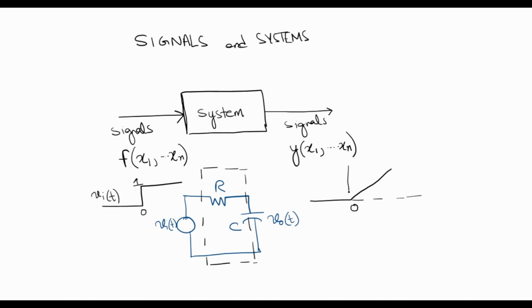This value here is 1. So this system is nothing but an integrator. So we give it an input Vi of t and we get this output V0 of t. So this is an example of a system.